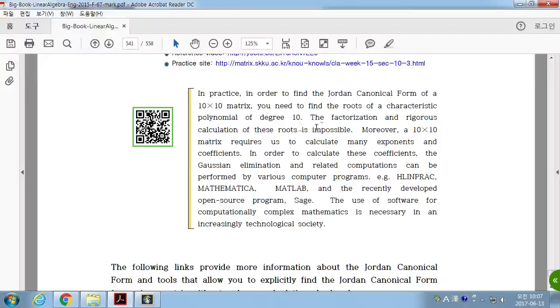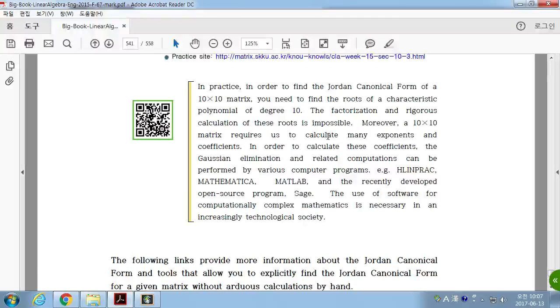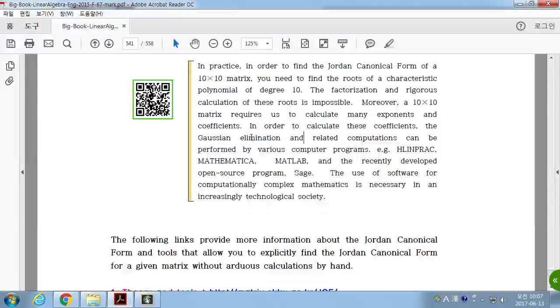Then the factorization and rigorous calculation of these roots is usually impossible. Moreover, a 10 by 10 matrix requires us to calculate many exponents and coefficients. To calculate these coefficients, Gaussian elimination and related computations can be performed by various computer tools.